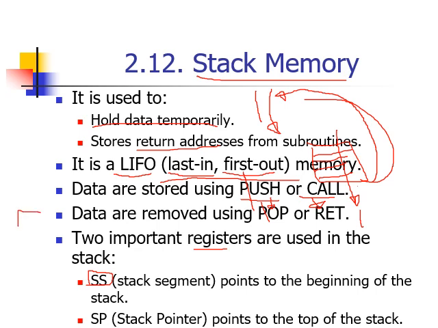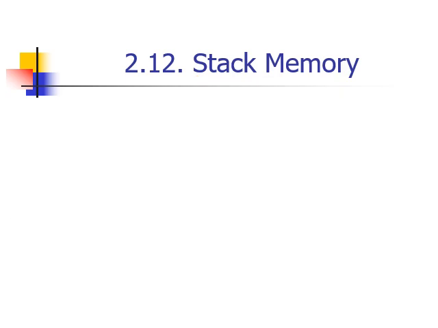See, if you have a stack memory segment, two registers go with the stack. SS, in which the address of the first byte is stored, and SP, in which the address of the top of the stack is stored. Okay.